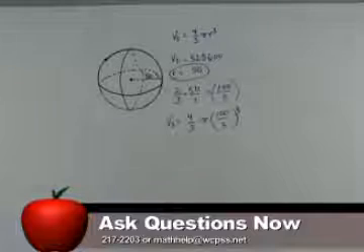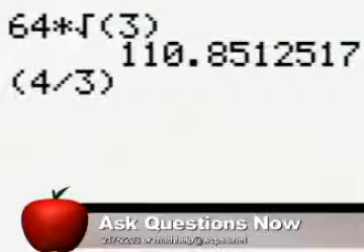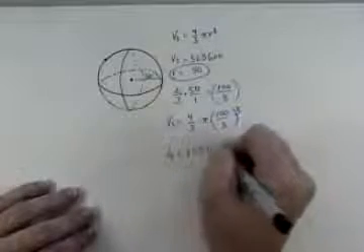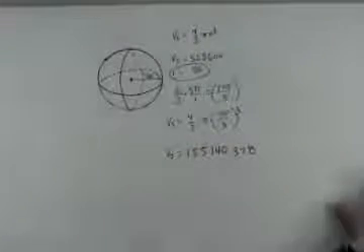If I type that into my calculator, I have 4/3 times pi times 100/3 raised to the 3rd power is equal to the volume. The new volume is equal to 155,140.378. Okay, so now we're going to look at our answers. And oh my goodness, there's not one of those answers that's on there.